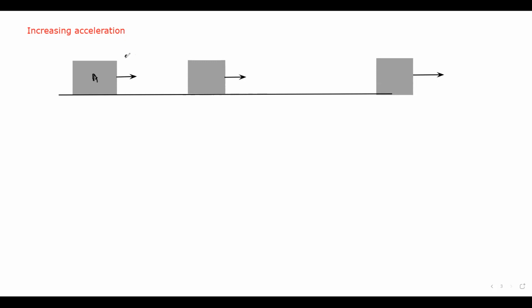At position A, it was moving with 5 meter per second. At position B, it is moving with 7 meter per second. And at position C, it is moving with 10 meter per second. And the time interval, because acceleration is change in velocity divided by time, is 2 seconds here, and that is also 2 seconds.